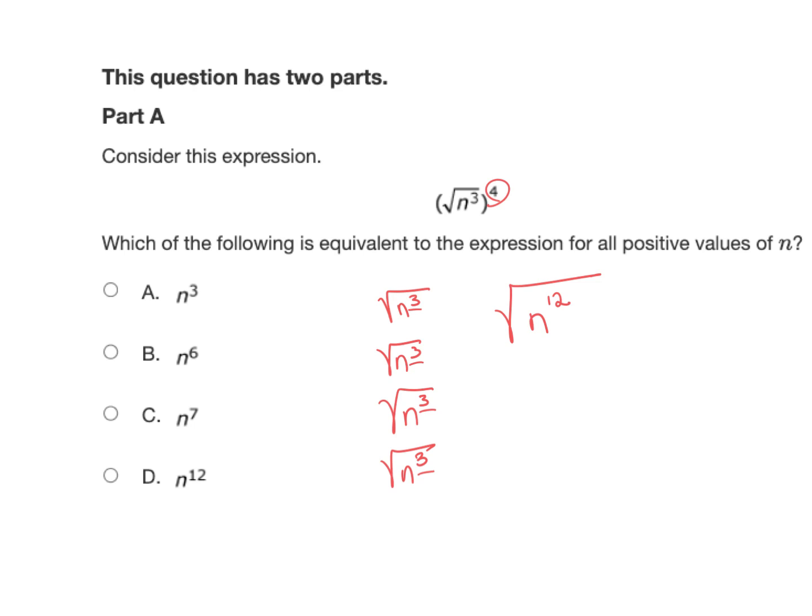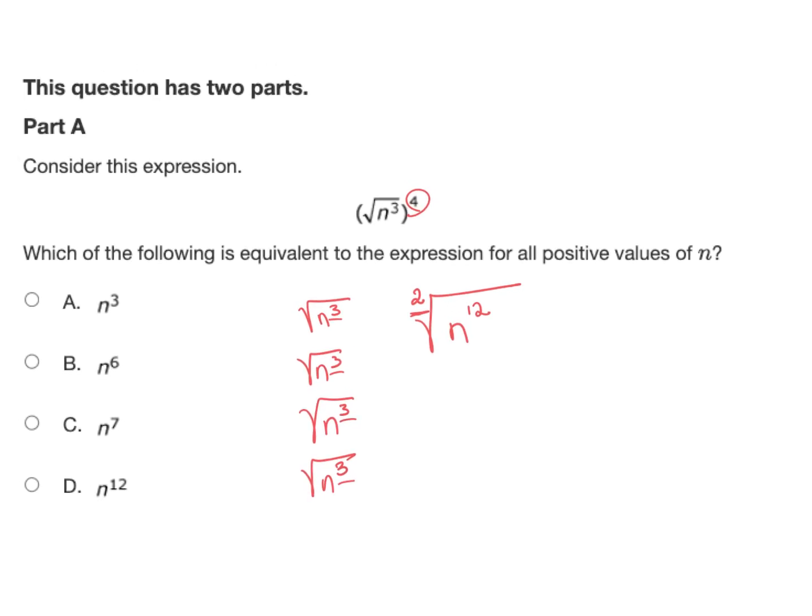But when we have a square root, although it's not written, there's this index, what we call this number here, this index of 2. Okay. And it's the same reason why we know the square root of 25 is 5. It is because 5 times 5 is 25.